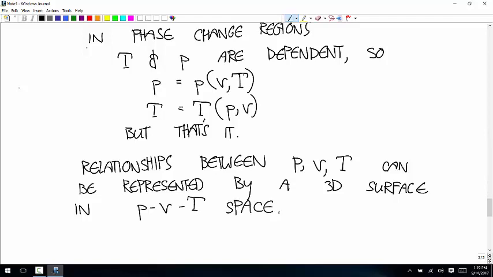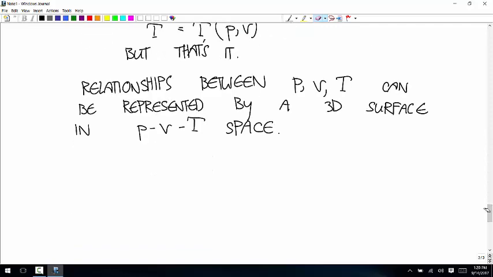And it's sort of a crazy looking thing. Have you seen the PVT surface before, like in physics? Okay, so I'm going to put it in the notes here. You can see what it looks like, but mainly what we're going to use are two-dimensional projections of this surface because it's sort of hard to wrap your head around a 3D thing.